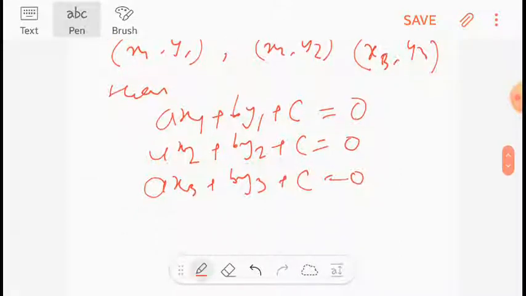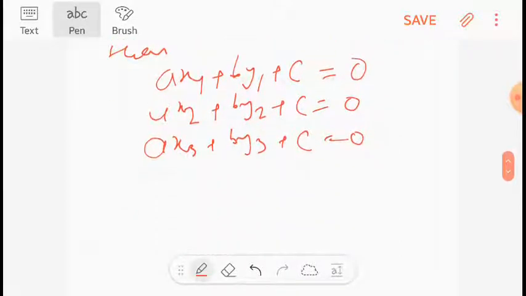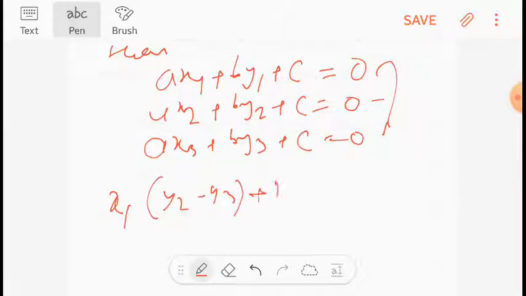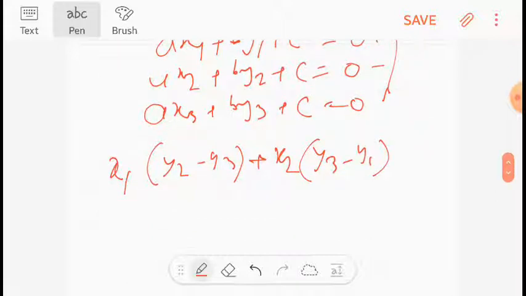Now if you eliminate a, b, c from all three equations, you will get x1 times (y2 minus y3) plus x2 times (y3 minus y1) plus x3 times (y1 minus y2) equal to 0. If you try to eliminate it yourself, you will get this result.